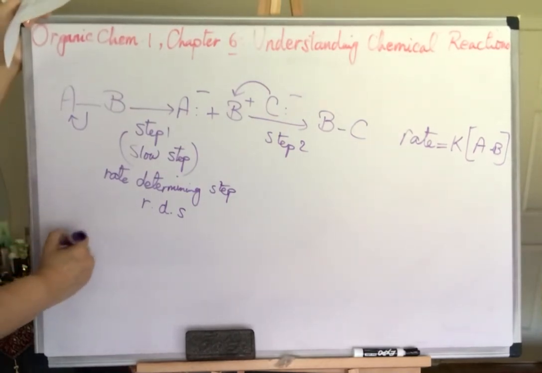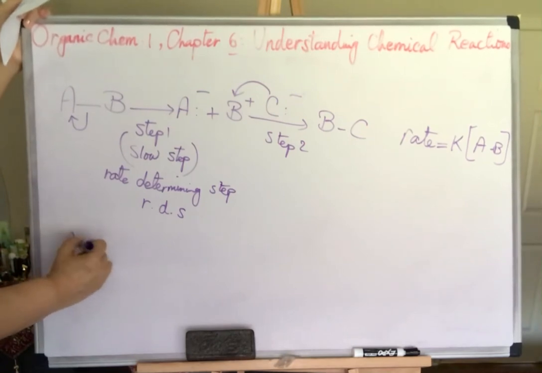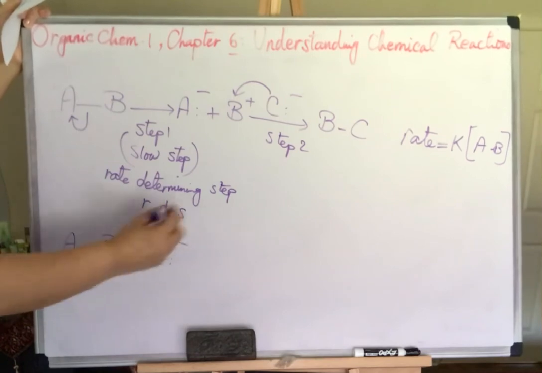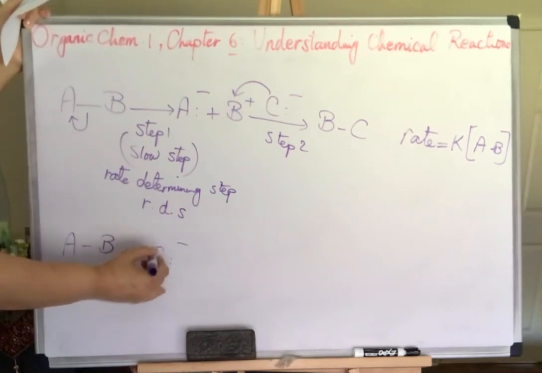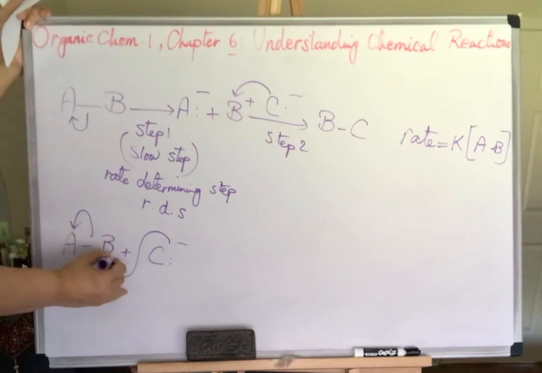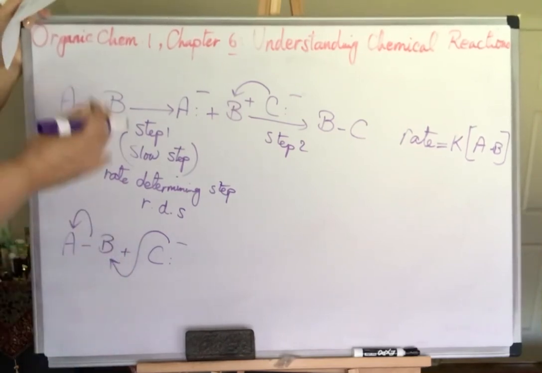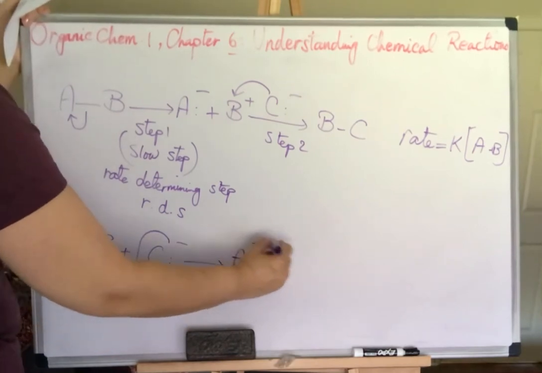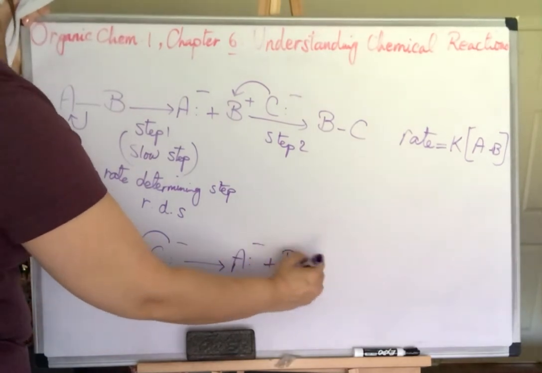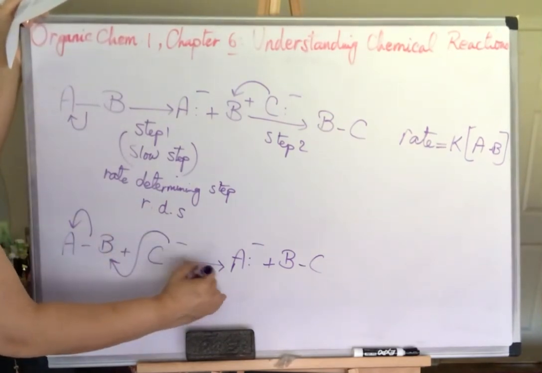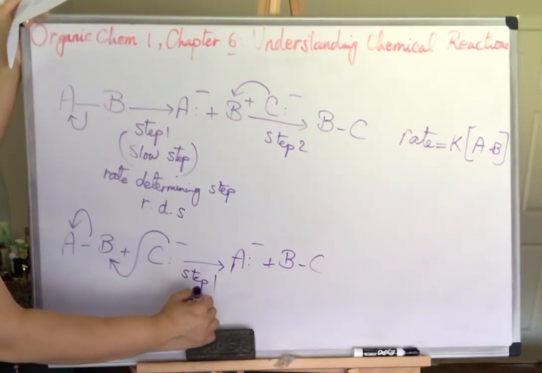But if you have a reaction like this, where C attacks B and kicks out A at the same time, everything happens at the same time, then you will see this is the only step, so it would be the rate determining step.